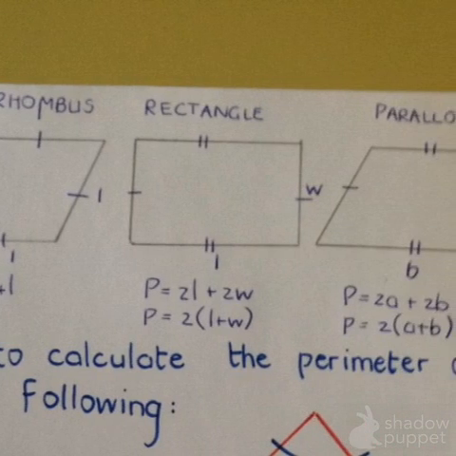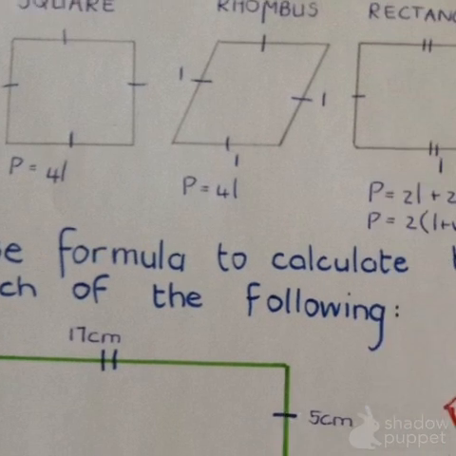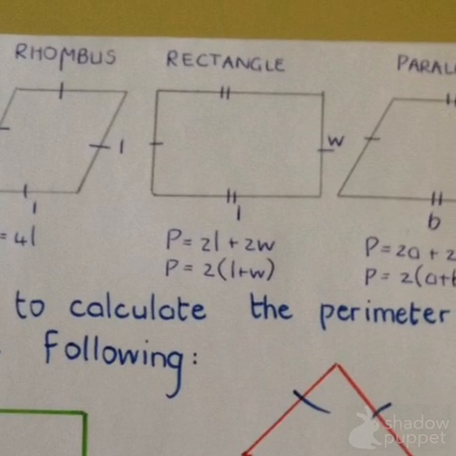If you look at a rectangle, the perimeter is the same, with your length and your width. So you can go 2 times your length plus 2 times your width, or you could go 2 times length plus width.